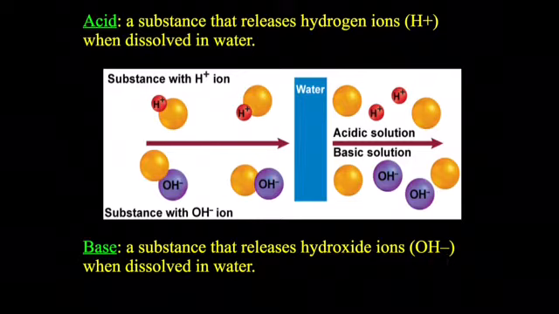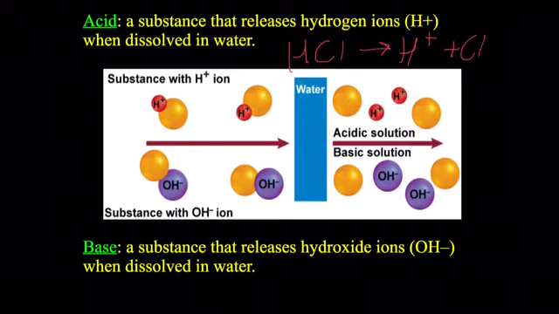So a classic example of an acid would be something like HCl or hydrochloric acid. When I put that into water, it completely dissociates or breaks up into H plus and Cl minus. And so of course, because it releases the H plus, it is considered an acid. A base that you may or may not have heard about is sodium hydroxide, NaOH.